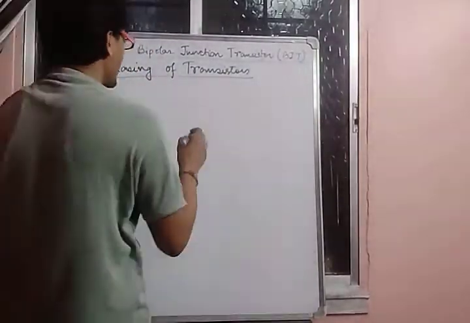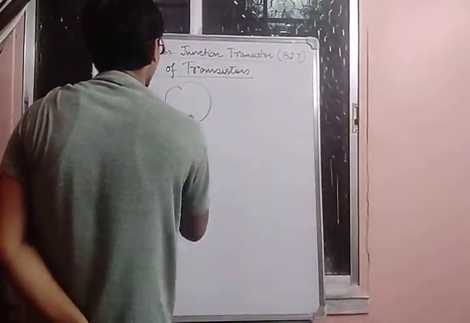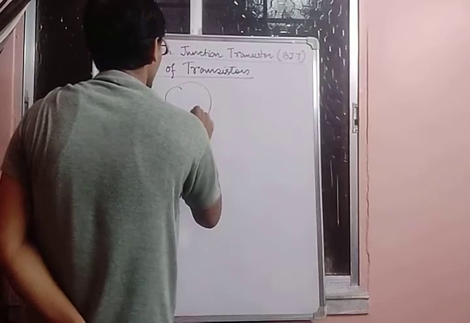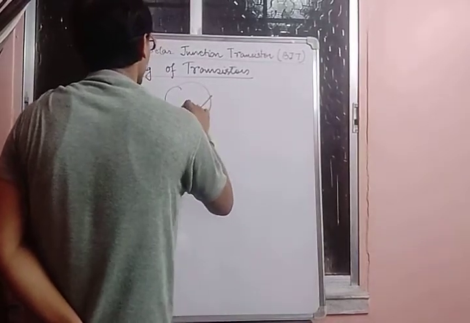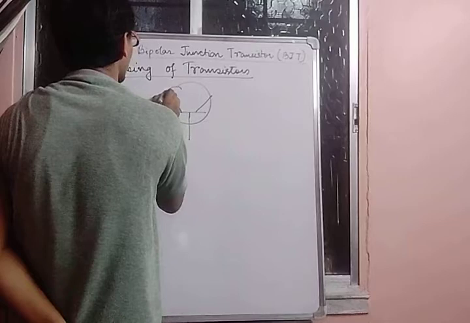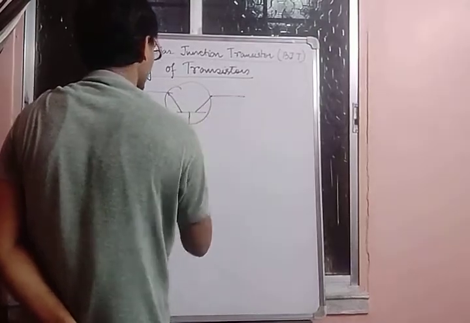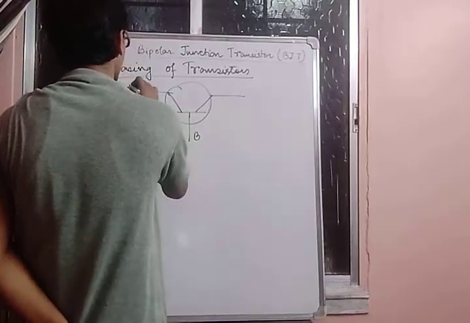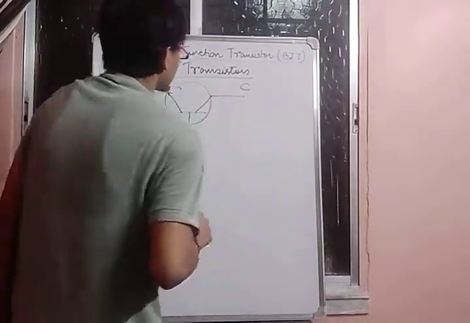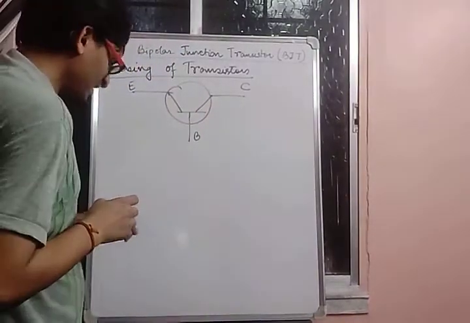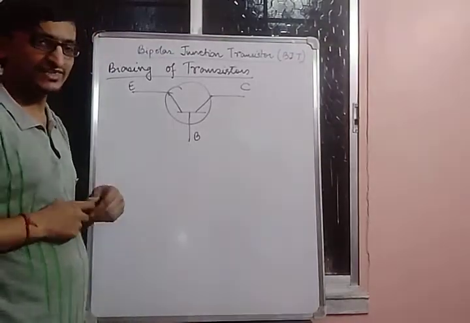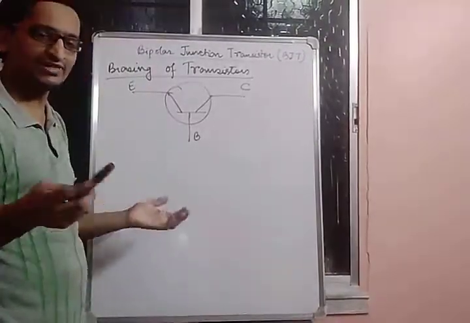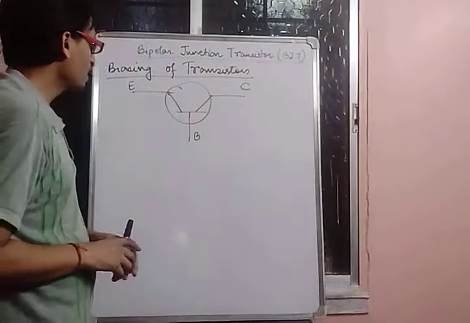NPN transistor basically consists of three terminals. So these are the three terminals of the NPN transistor. Right now we are considering NPN transistor. Similarly, we can have PNP transistor as well.